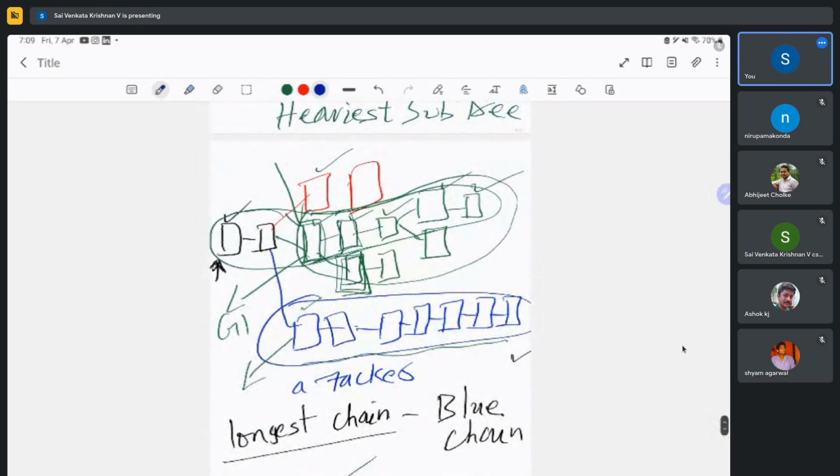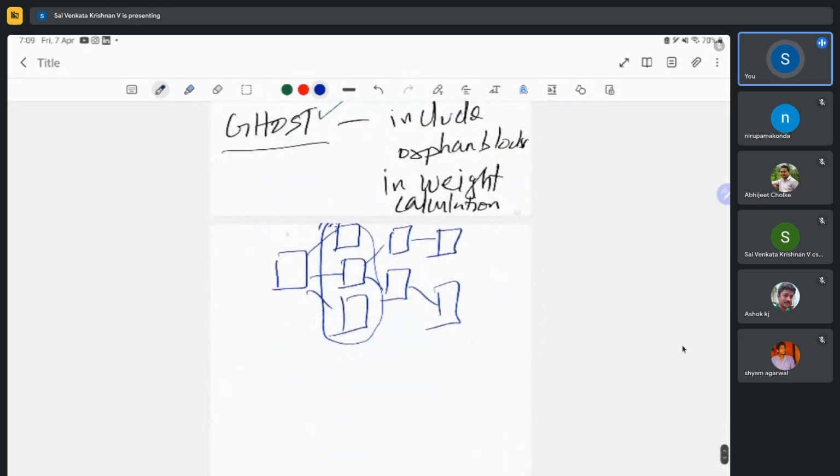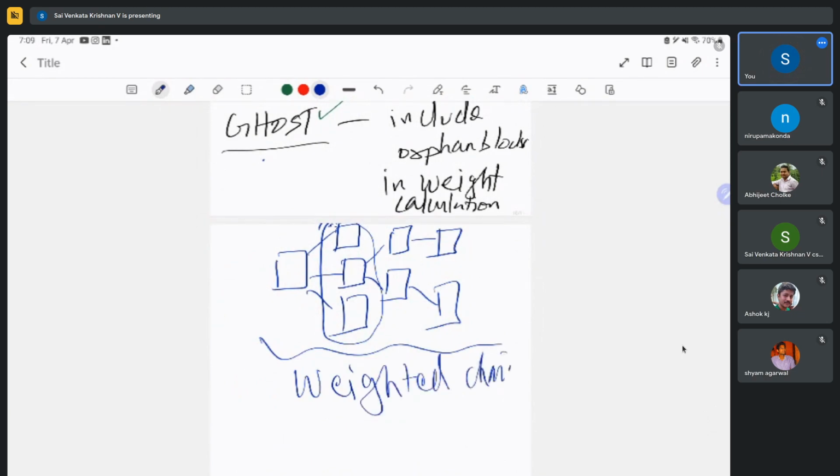So instead of having a longest chain like this, the attacker has to come up with a chain having this sort of structure, and only then will the GHOST protocol consider this as the most weighted chain, and it will consider this as the valid chain.